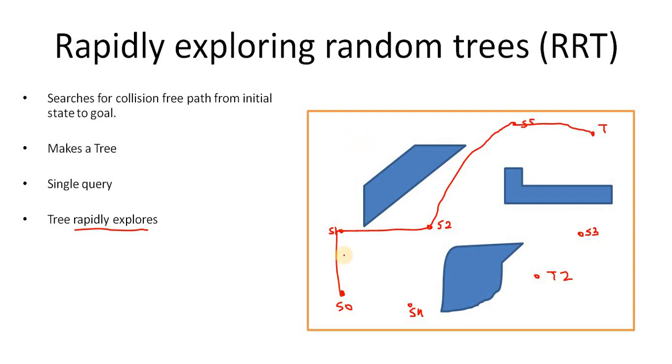It acts like a tree that grows from your start point to your whole configuration space. It fills the tree very quickly in all directions in your configuration space, and that's why it's called rapidly exploring random trees.